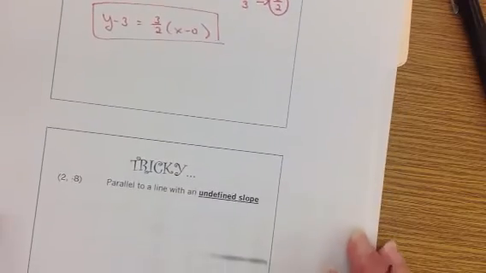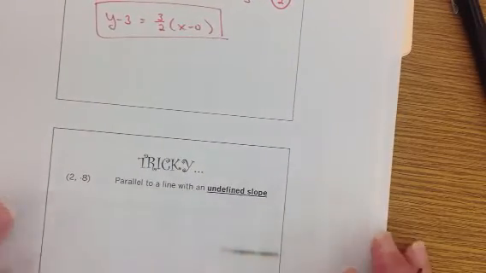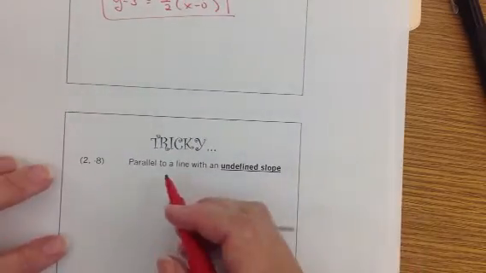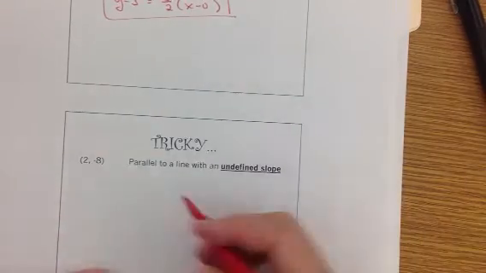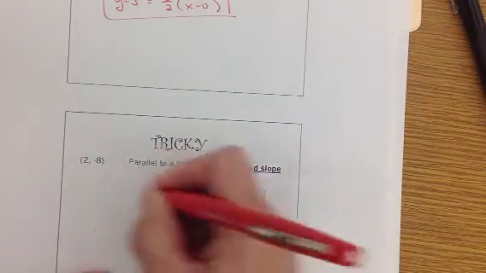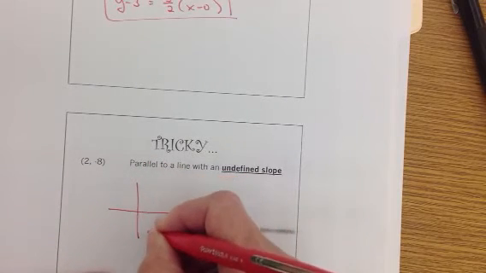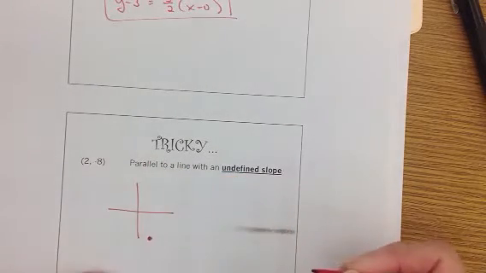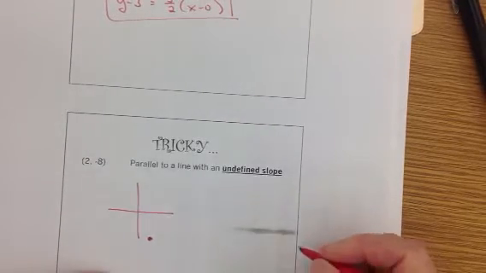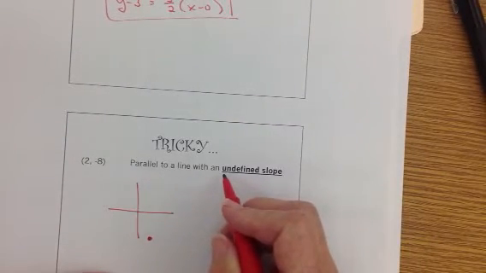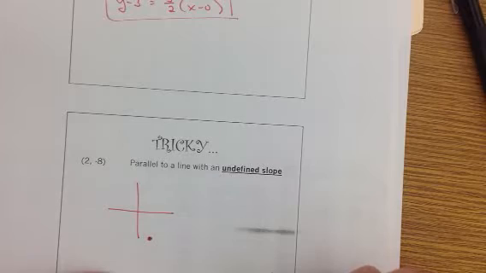Okay, there are 2 tricky situations I really want you to keep an eye out for. First, a parallel line with an undefined slope. I want to go through the point (2, -8), which is maybe somewhere down here, and I want a line parallel to a line with an undefined slope.